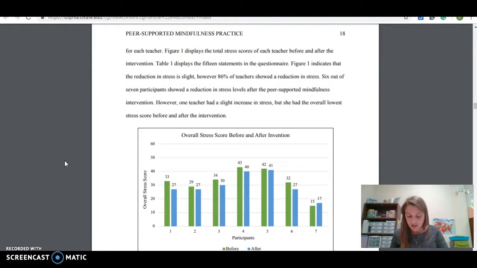The attitude scale focused on teacher attitudes and how they felt before the intervention. It looked at two parts, the colleague support attitude scale and the perceived stress scale. And so again, those are things that are helping her with validity.